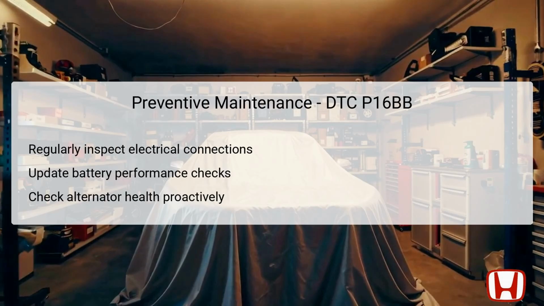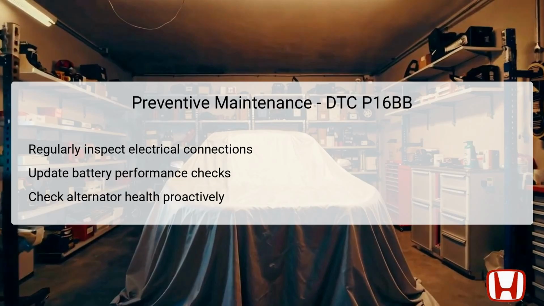Preventive maintenance is a proactive approach aimed at minimizing future failures related to DTC P16BB. Regularly inspecting electrical connections, particularly at high-traffic areas like the alternator and under-hood fuse boxes, can preemptively catch corrosion, dirt, or looseness that might develop over time.